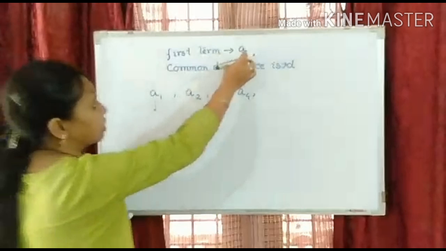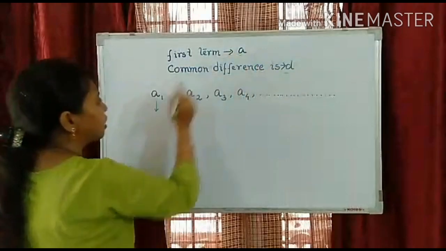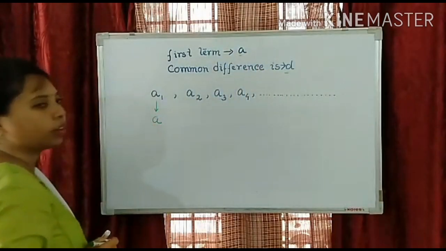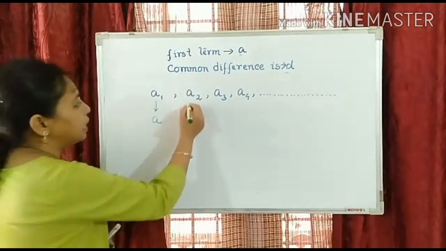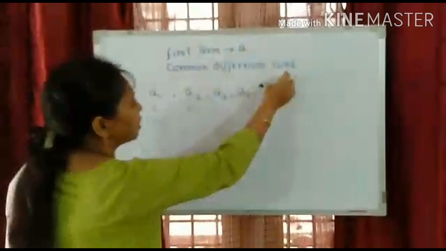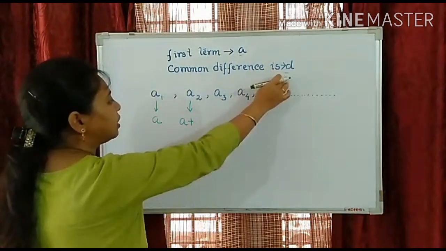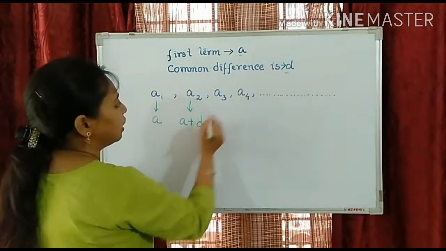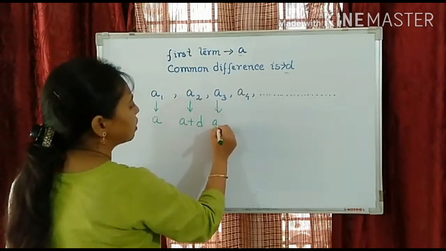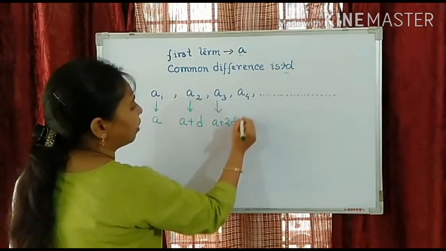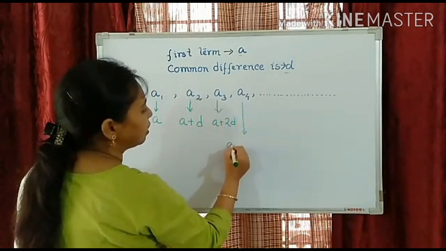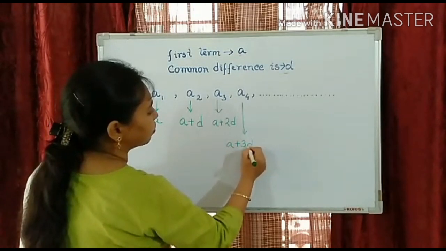Because we know the first term is A and common difference is D, the first term is A itself. What will be the second term? The fixed value is D, so A plus D. Third term will be A plus 2D, and fourth term will be A plus 3D.